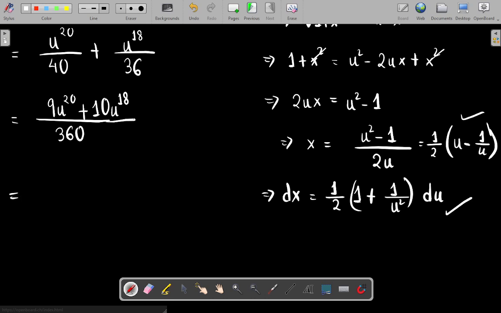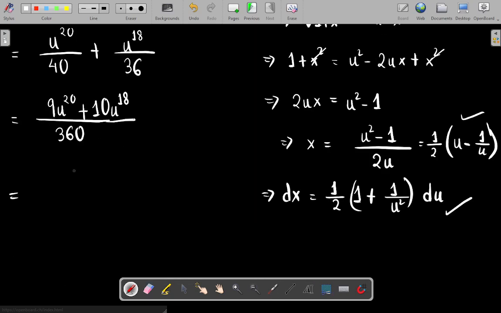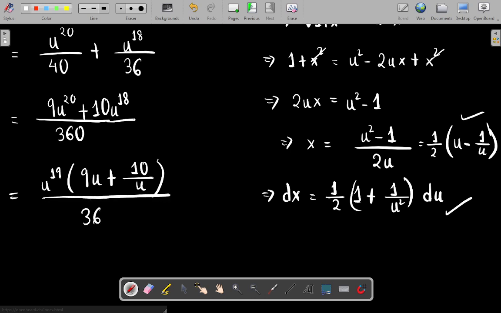Okay, so now we need to use both these terms, this u and this 1 by u. In order to do that, let us take the term which is in between, u to the power 20 and u to the power 18. I am taking u to the power 19 here. So this will give us 9u plus 10 upon u. Okay, so we have gotten 1 by u term here, upon 360.